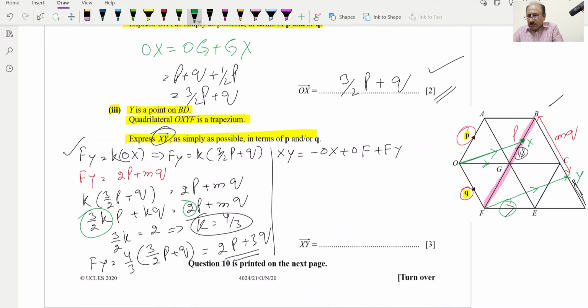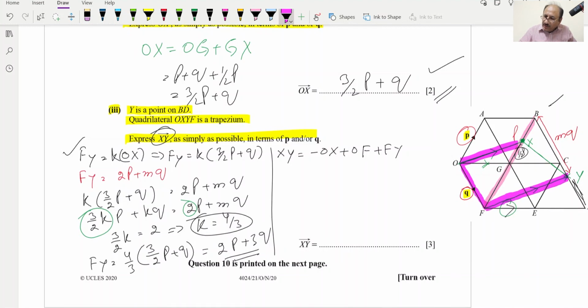If we join this one, we are taking this route. XY is minus OX. Minus OX will be this route, and OF will be this one, and then FY will be this one.